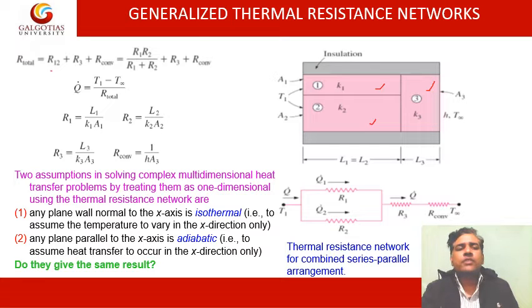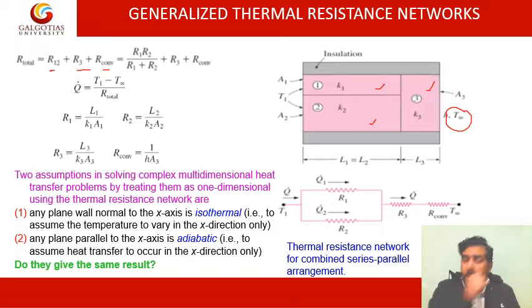The total resistance will be R1 to R3 plus R convection, the convection heat transfer resistance. Why R convection? Because this side opens to a medium where the heat transfer coefficient is h, maintained at T infinity, the temperature of the atmosphere. You can see the lengths of these two are equal, L1 equals L2, and this part is L3.